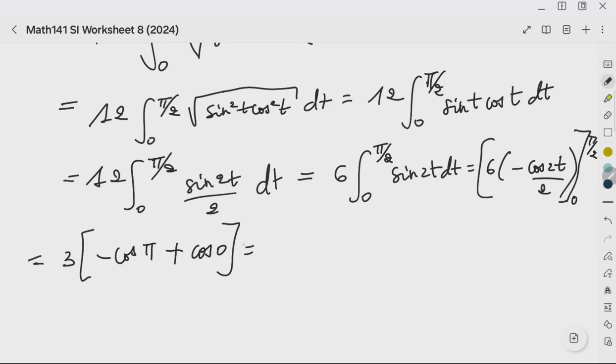Cos of pi once again is minus 1. So we have 1 plus 1, which is 2. So 3 times 2, which is 6 units. And that is our length. Hopefully that makes sense.